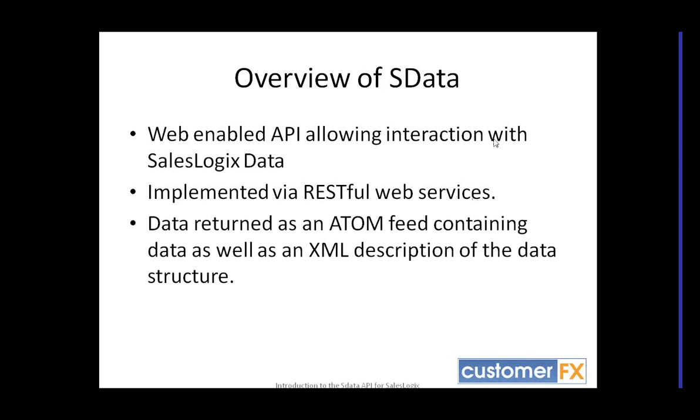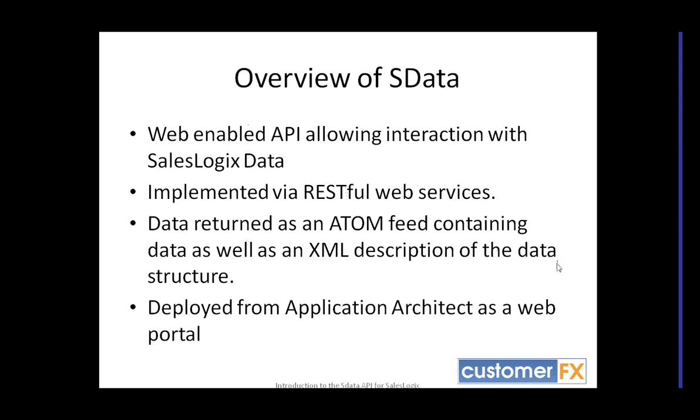The data from SData is returned as an ATOM feed containing both the data from whatever entity you're returning, as well as an XML description of the data structure. And ultimately, these are deployed from Application Architect as a web portal.